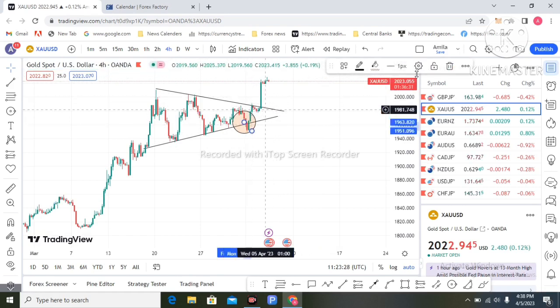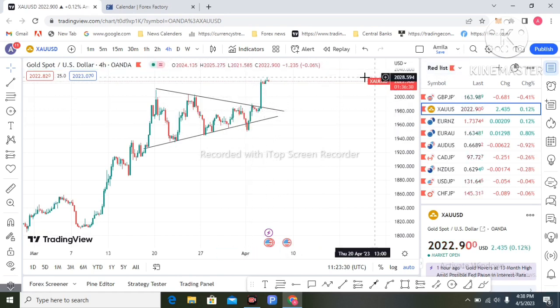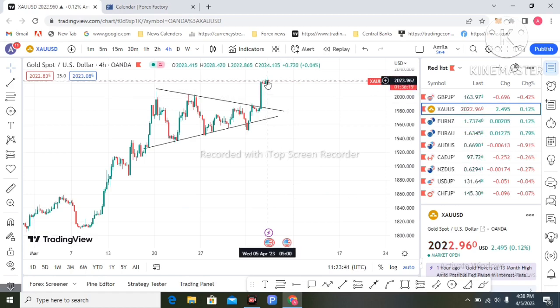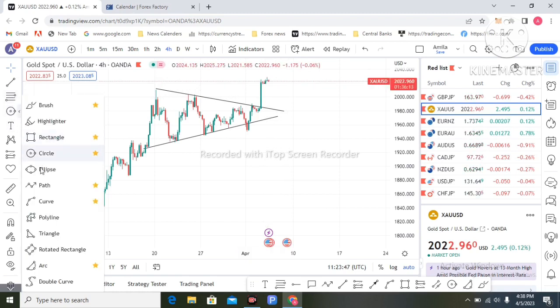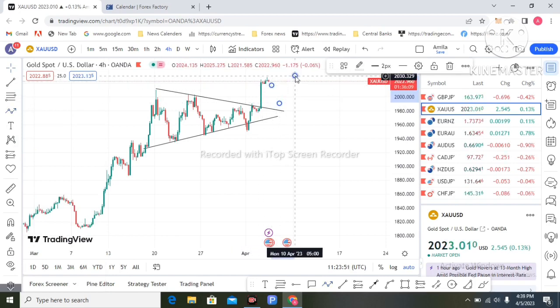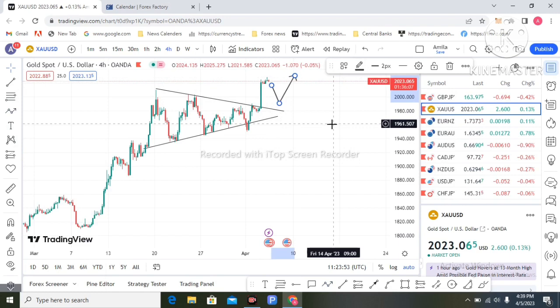So I am thinking gold will reach my target, 2070 is my target, with the non-farm employment change. The dollar will be negatively affected, gold will be bought again, gold will be in demand again like this.